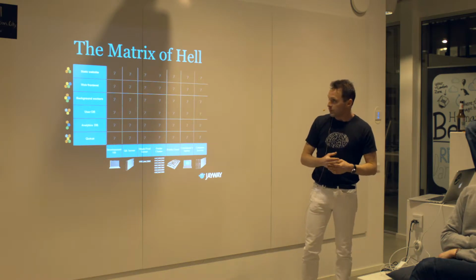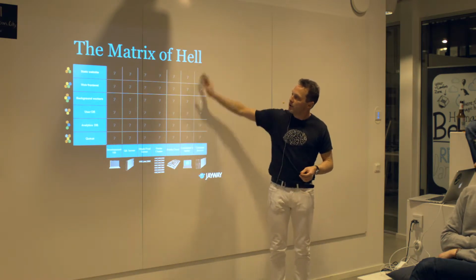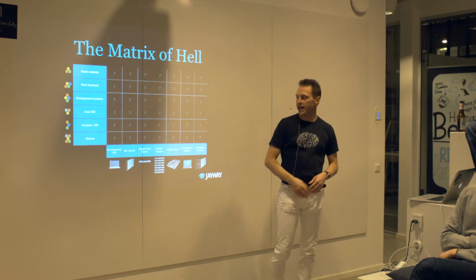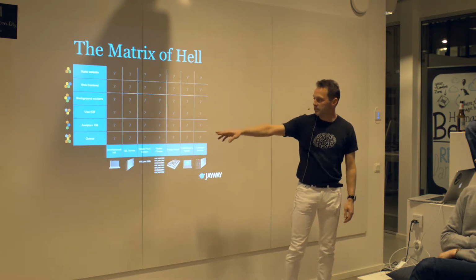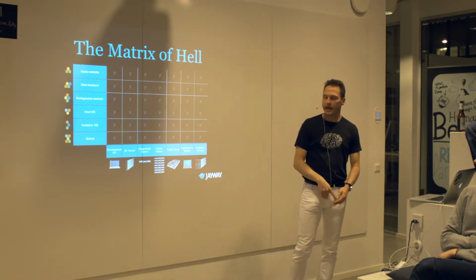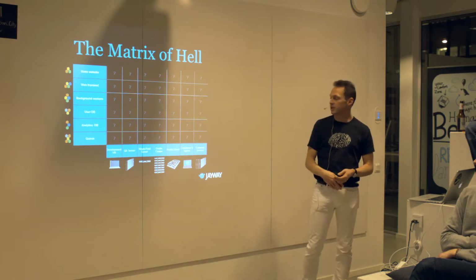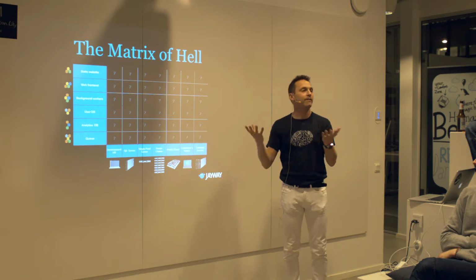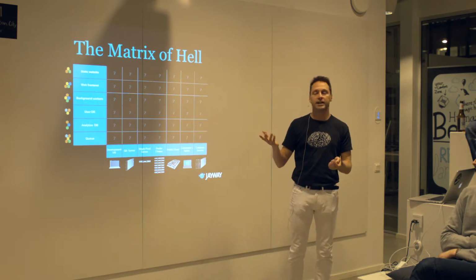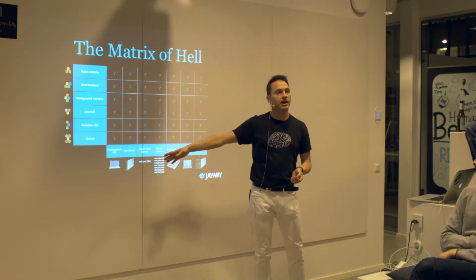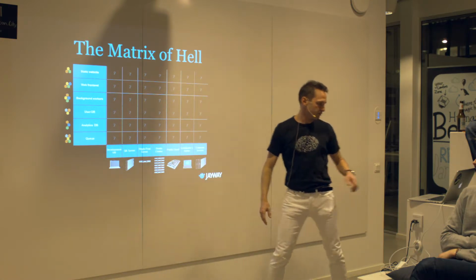So this is what Docker Incorporated calls the matrix of hell. We have development machines, we have QA servers, we have on-site customers, and we have a public cloud. We have a lot of different ways where we want to deploy our applications. And then we have a bunch of different applications.